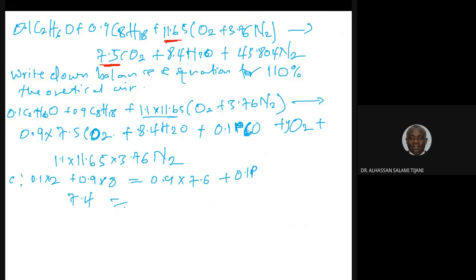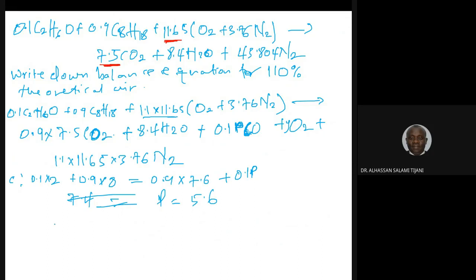So I get 5.6 of carbon monoxide. In other words, P equals 5.6. Now let us calculate that for oxygen.